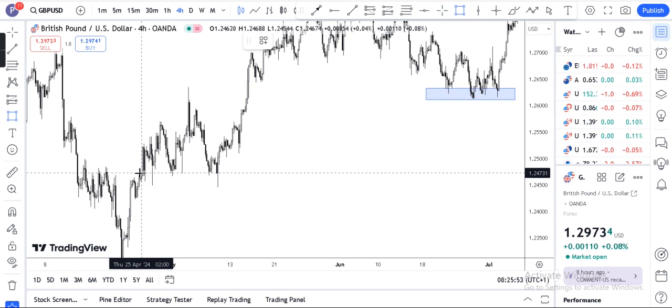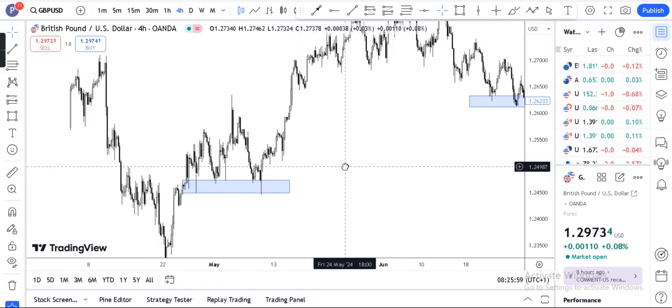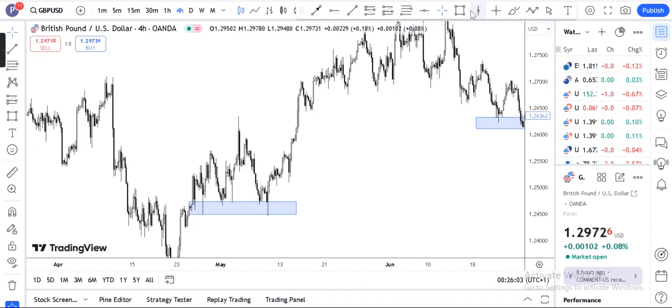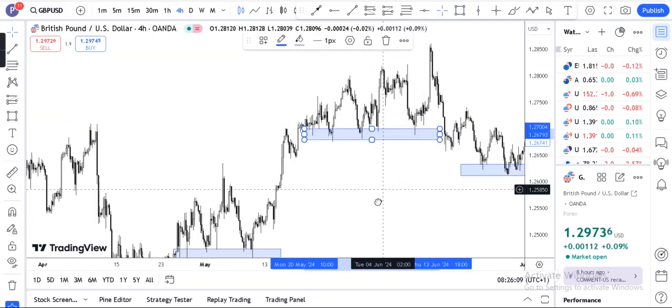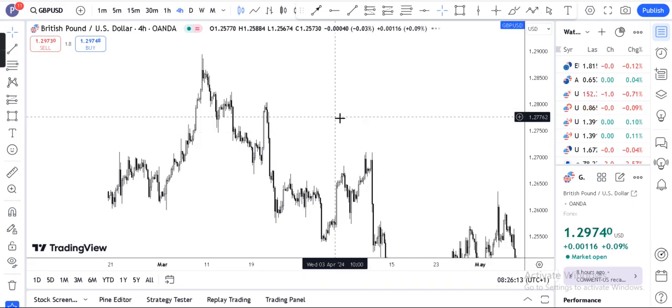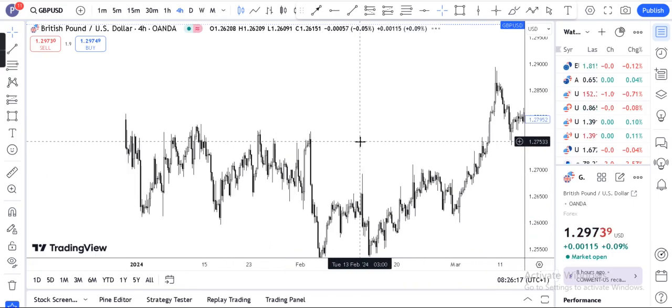So a support level or a resistance level is wherever we find a minimum of 2 to 3 points where the market got into it and reversed. This is a support level. Whenever the market came into this level, it reversed and pumped to the upside. We'll look for one more resistance level and that will be it for this explanation.